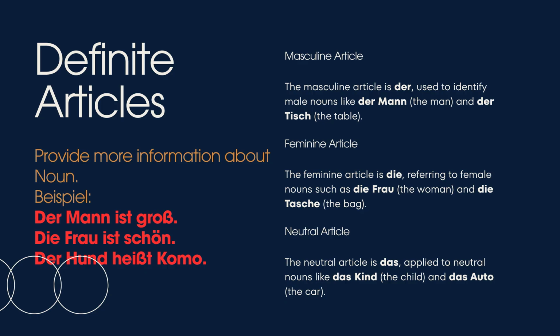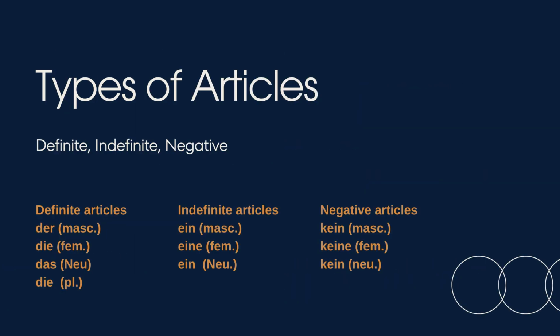In the definite articles, we have der for masculine, die for feminine, and das for neutral. All of these show gender and number. Also, we have die for plural nouns, so we have to consider plural nouns.